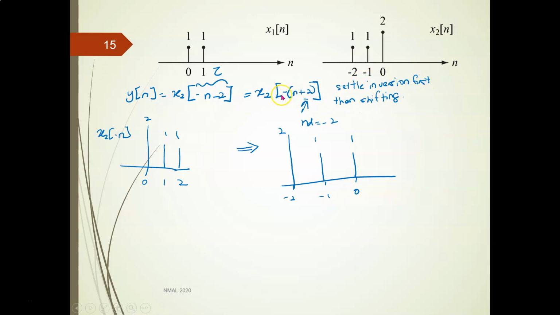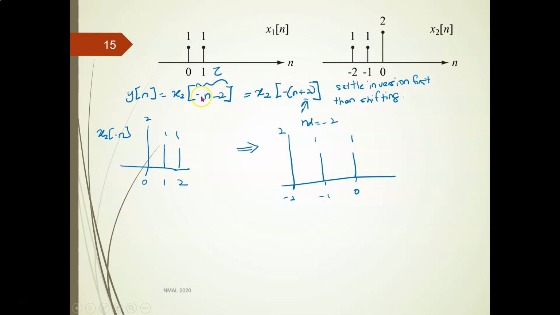And remember that when you want to solve for the inversion, you have to put something here, whether it's negative or positive, to represent the inversion outside of the bracket.